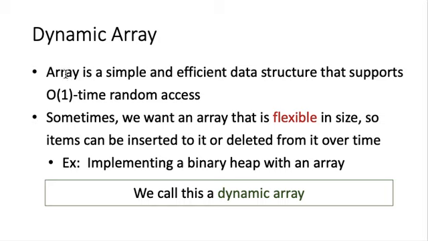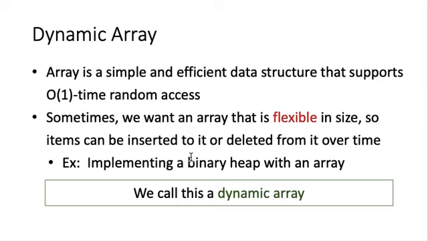So recall that an array is a very simple data structure that supports order one-time random access. And sometimes, given a certain array, we want its size to be flexible so that from time to time, items can be inserted to the array or items can be deleted from the array.